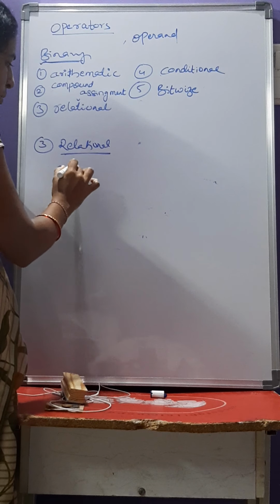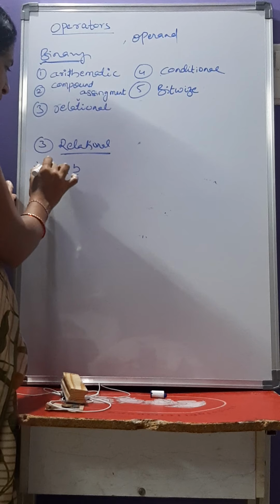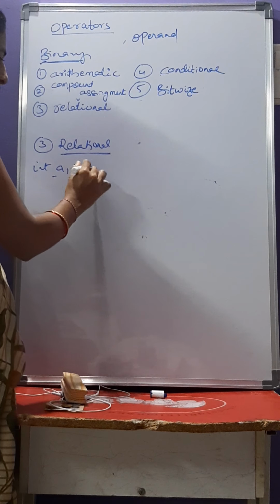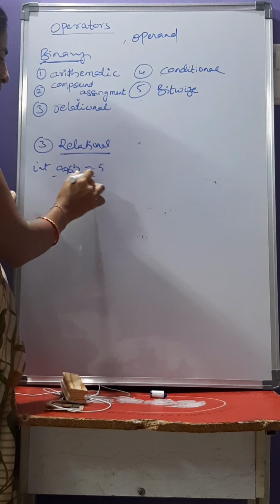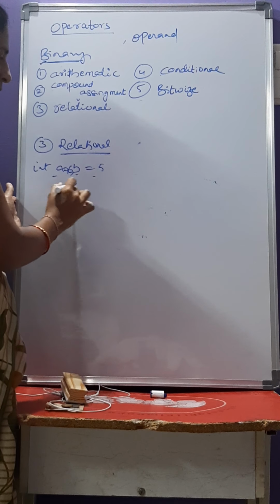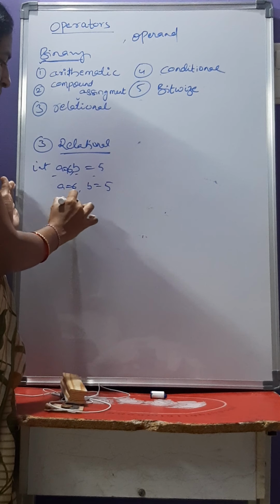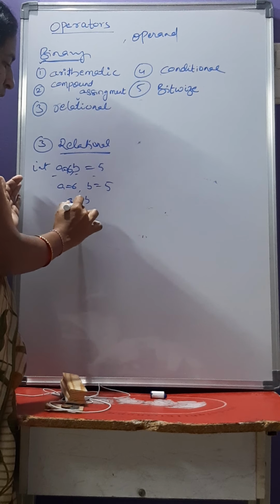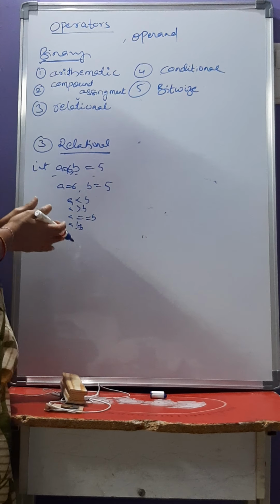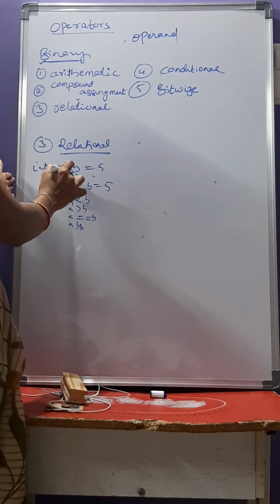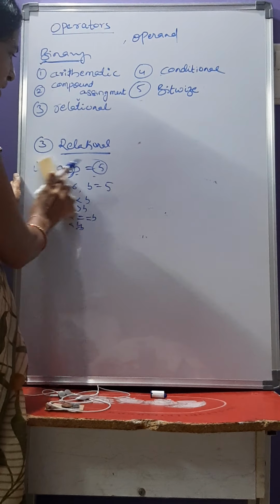A and B are two operands, two integer variables, and suppose we assign some values like A equal to 6 and B equal to 5. We can check whether the two are equal, or A less than B, or A greater than B, or A not equal to B. Like that we can compare the values of these two variables, so relational operators are required.